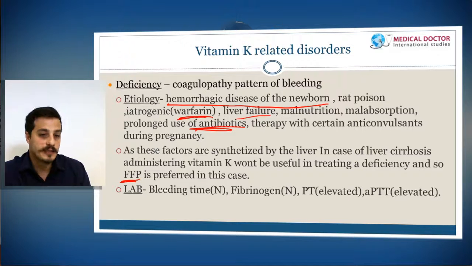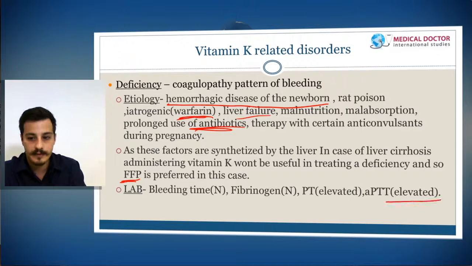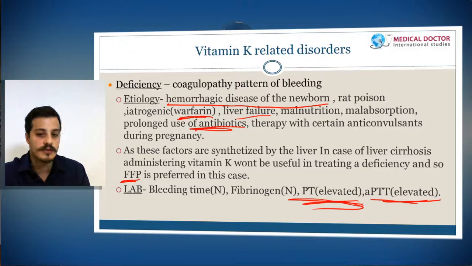Now, the deficiency in vitamin K or its inhibition would lead to elevated APTT as well as PT. But what is mostly used in the treatment with warfarin, for example, is the following of PT or INR.